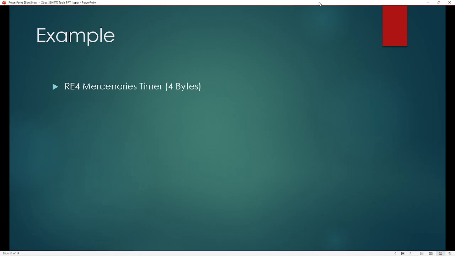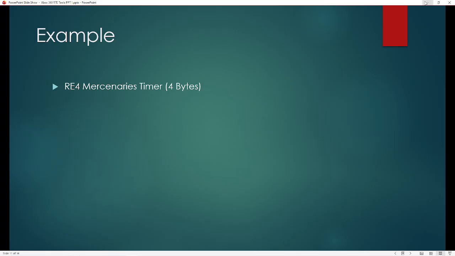Sometimes the game doesn't show you something that's completely valid. Sometimes it shows you just what's called the visual address, which is an address that just shows the visual number to the player but doesn't actually affect the timer. Or you can have something that's just there and doesn't do anything at all.